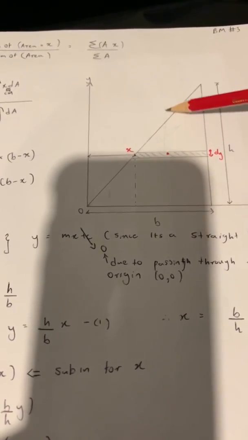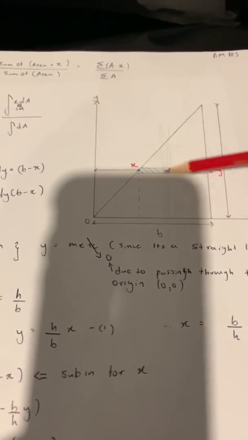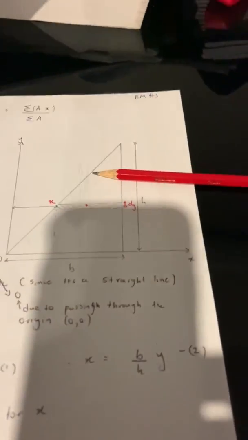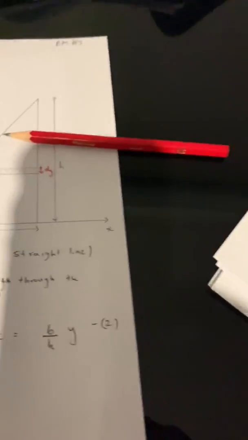If you draw a line through that, 2/3 of b, that's where the x point, center of mass, is going to lie, somewhere in that line. So to find the exact point, we have to find the y value for the center of mass, and where those two lines intersect, we can say exactly where the center of mass is.